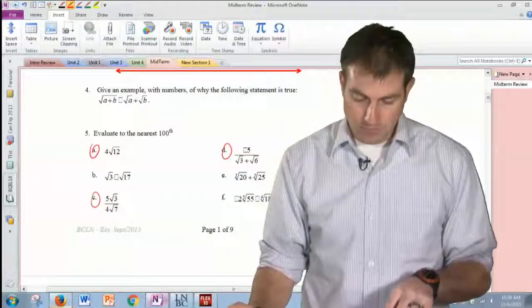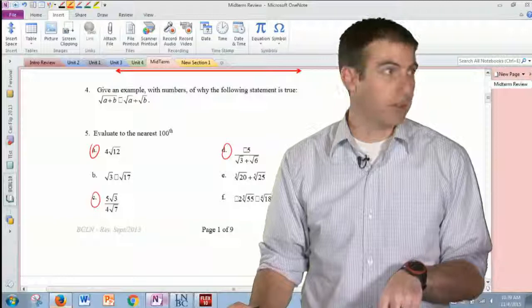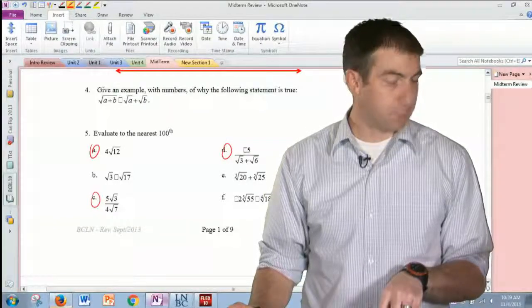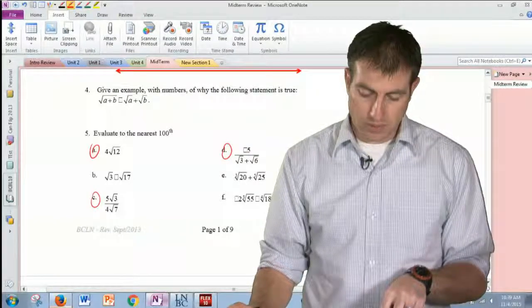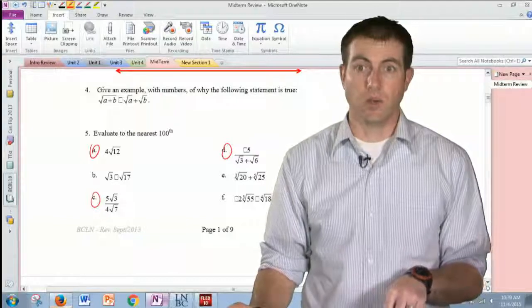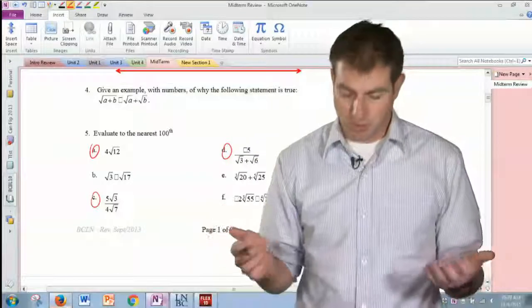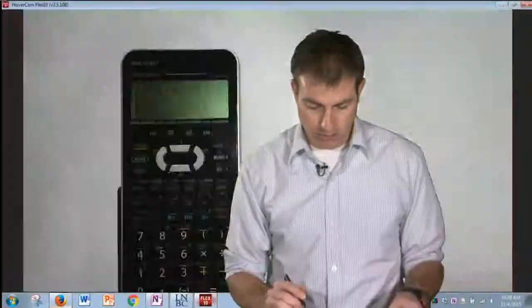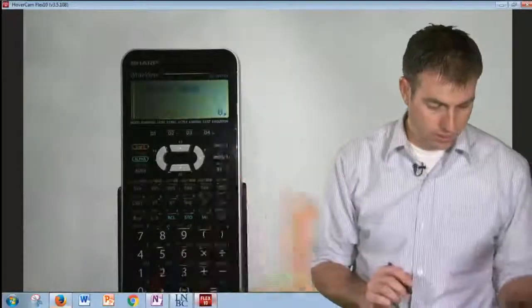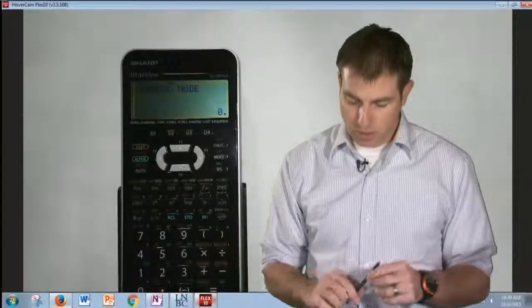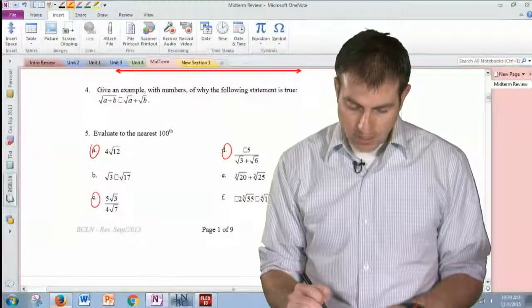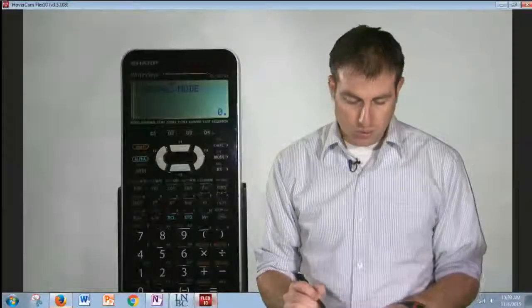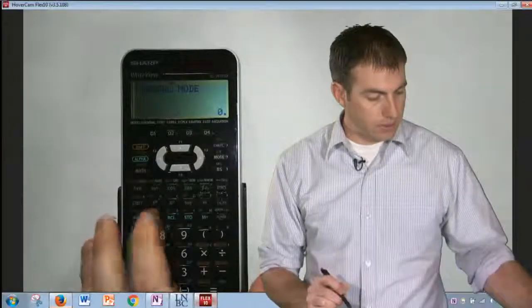So number 5, evaluate to the nearest hundredth. This is basically just using your calculator. If you have a calculator handy, it looks kind of like this. The first one is 4 root 12. Sometimes with a calculator, you have to enter these things separately.